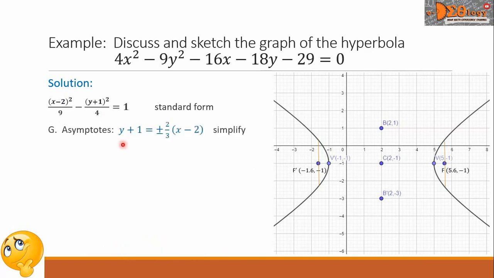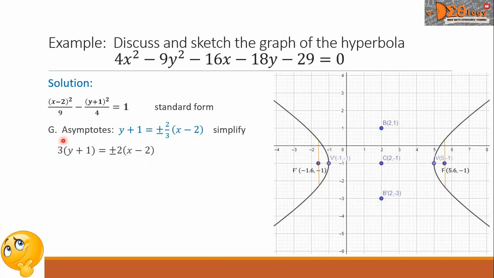Let us simplify this equation so that we can have the specific equation for each asymptote. Let us cross multiply the number 3 to the left side. So we have 3 times y plus 1 equals plus or minus 2 times x minus 2.